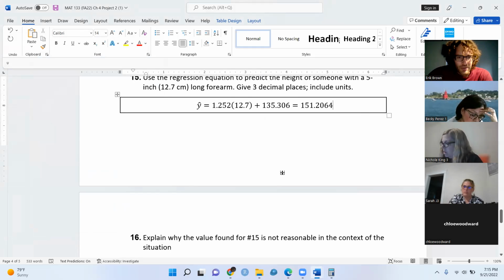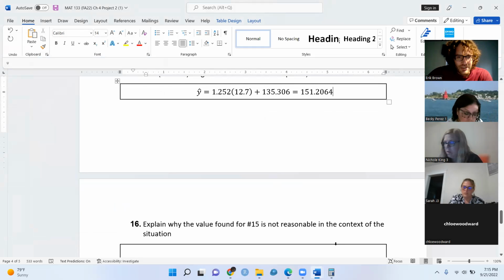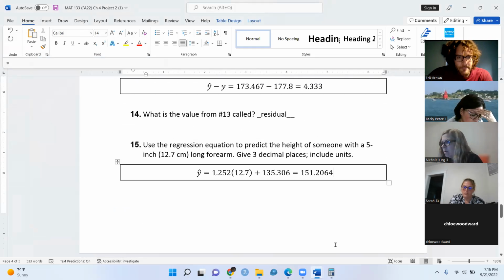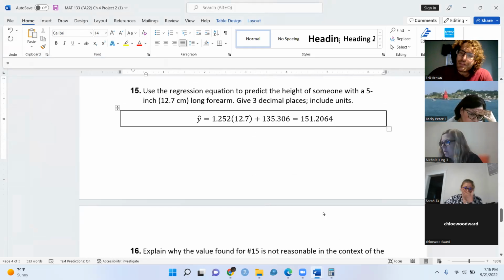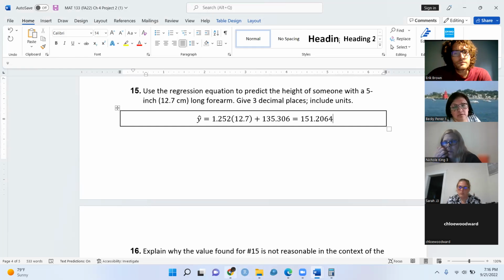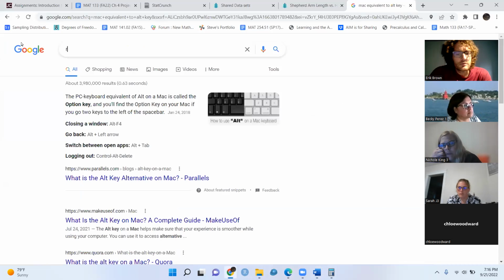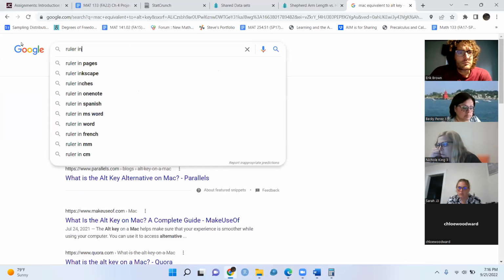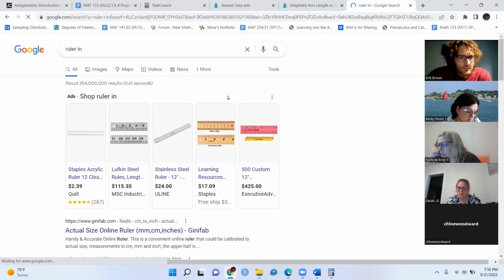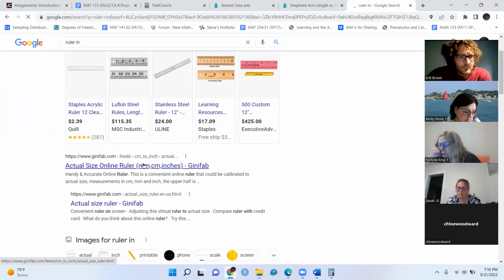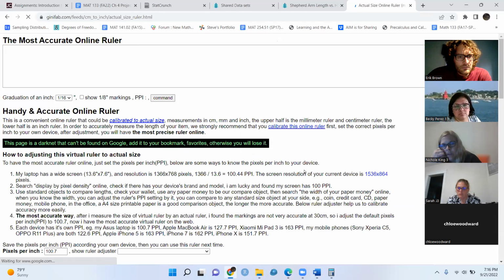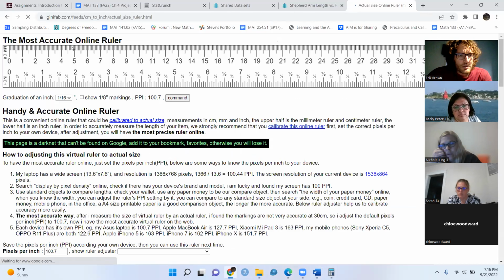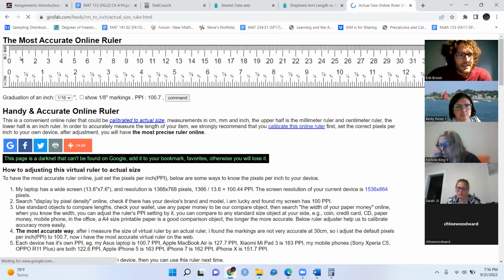It says, explain why the value found in 15 is not reasonable in the context of the situation. How much is 5 centimeters, or 5 inches? Does it seem reasonable for someone to have a forearm that is this long?